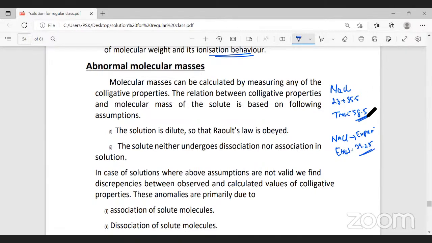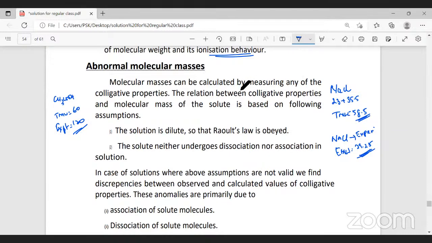Theoretically it is 58.5, but experimentally it is 29.25. Now, for acetic acid, the theoretical molecular mass is 60, but the experimental molecular mass will be 120. So the components are showing different molecular mass. That is why we call it abnormal molecular mass. Why this difference in experimental molecular mass, we will learn.